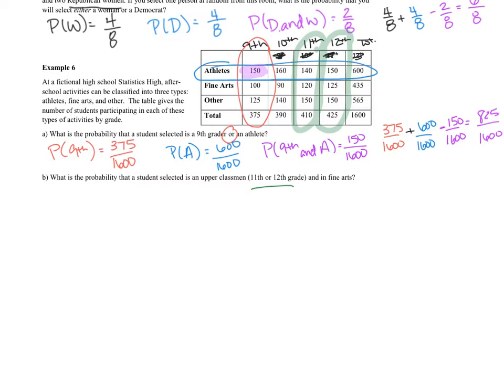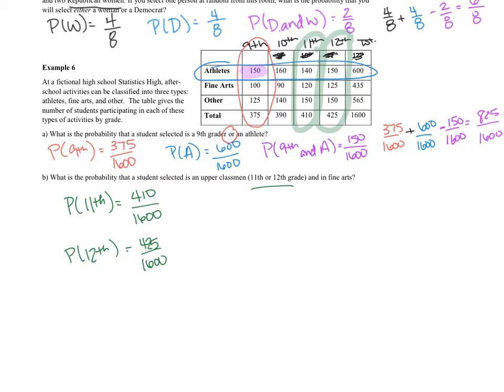And when we do this, then we're going to write this as how many 11th graders there are. The probability of being in 11th grade is equal to 410 out of 1600. And the probability of being in 12th grade is equal to 425 out of 1600. And we know those don't overlap, so we don't have to worry about subtracting anything off.